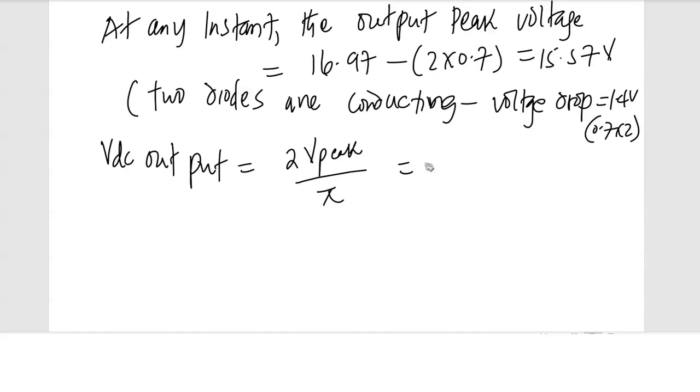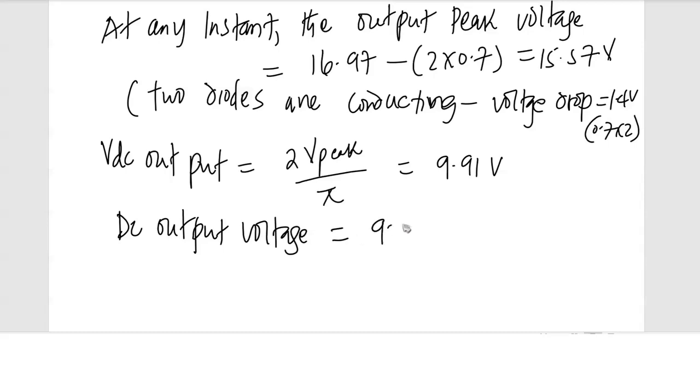So this is going to be the previous answer times 2 divided by pi. This gives us 9.91 volts. So the DC output voltage is going to be 9.91 volts.